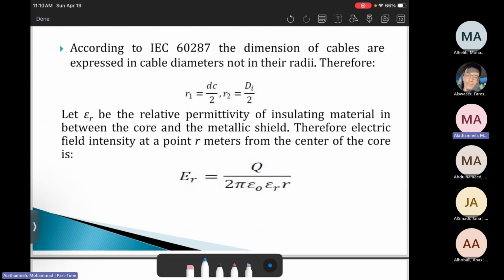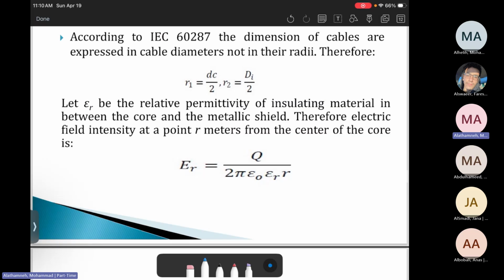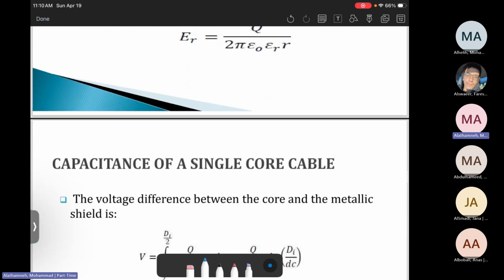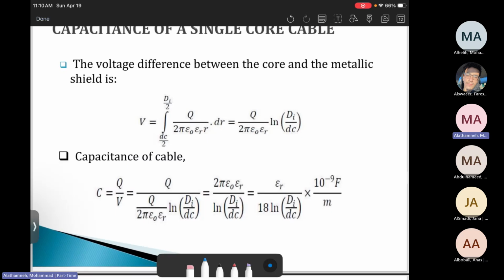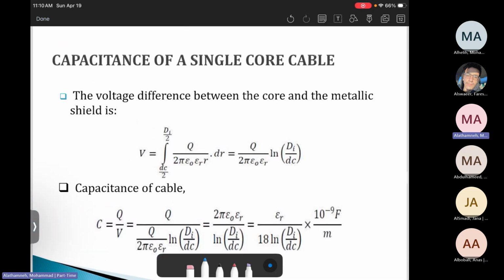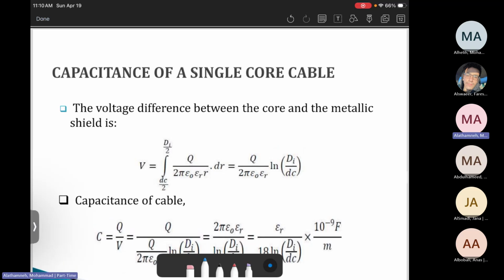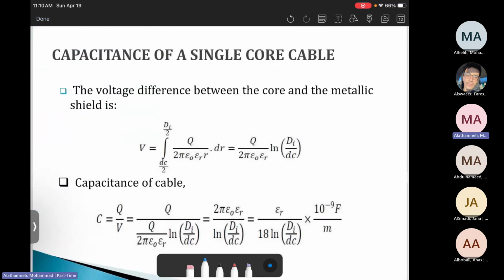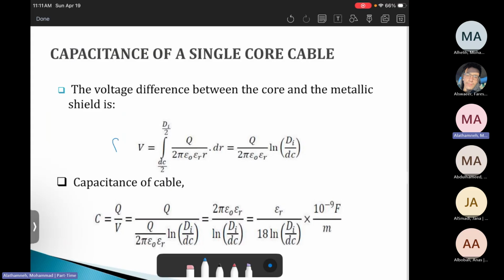Then to calculate the electric field, Q over 2 pi epsilon naught epsilon r times R. We already know this formula for the electric field at a point. Then the voltage difference between the core and the metallic sheath is the integral between R1 and R2.